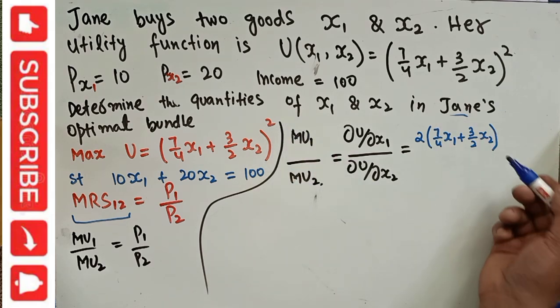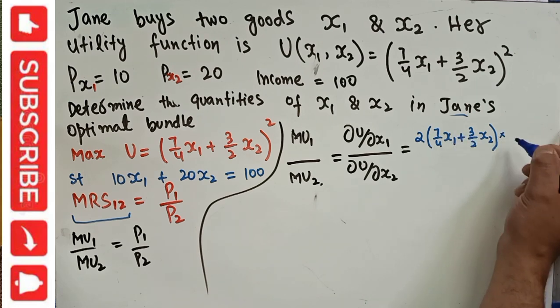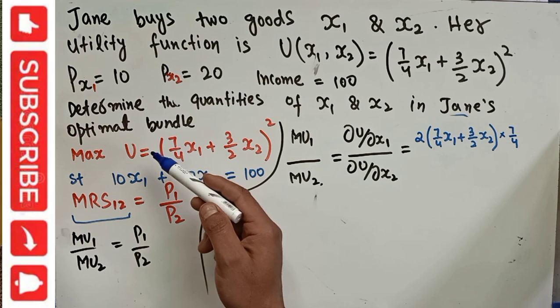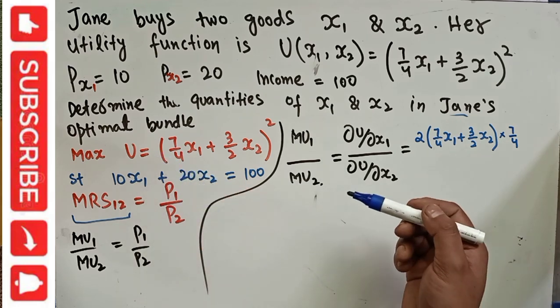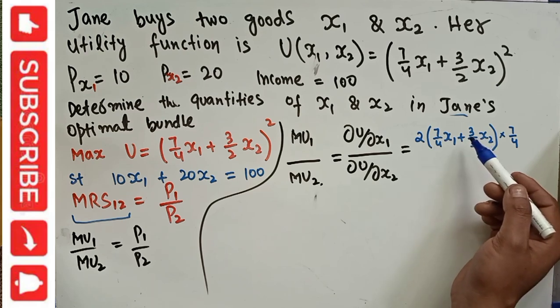Then we apply the chain rule and internally differentiate with respect to x1. The derivative of x1 is 1, so we multiply it with 7 upon 4. Simple thing, we are applying two rules here: first the power function rule, then we multiply by the derivative of what is inside the parentheses.